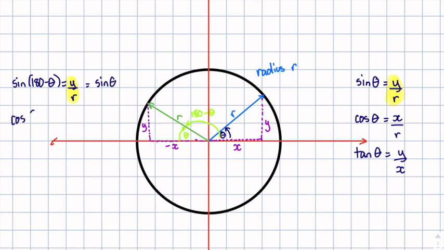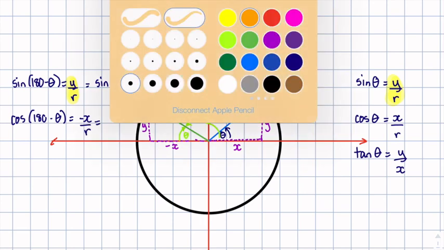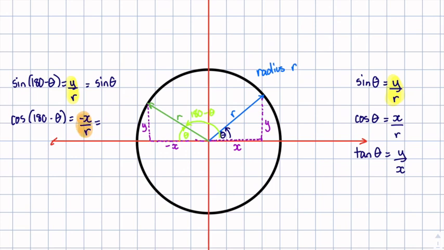Cos of this angle, so that was 180 minus theta, so it was around from the start. This time we've got minus x over r. And if we have a look at these cos ones, that's the minus of the original, so that's minus cos theta.